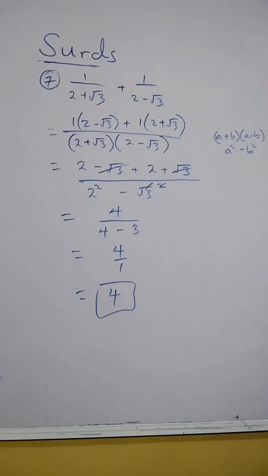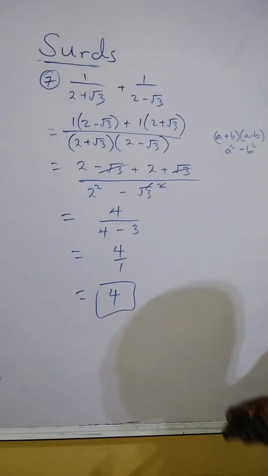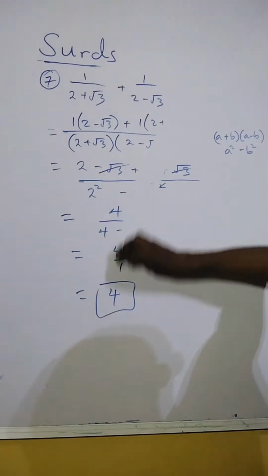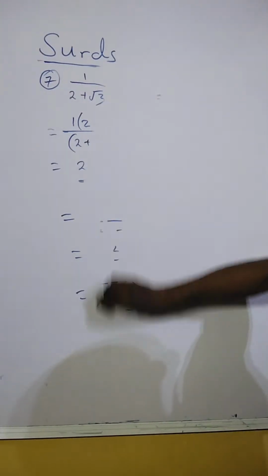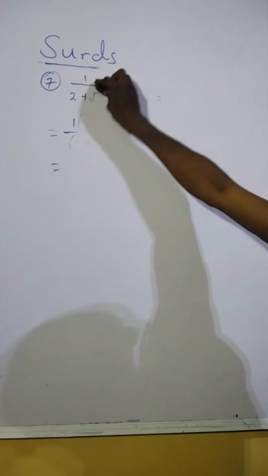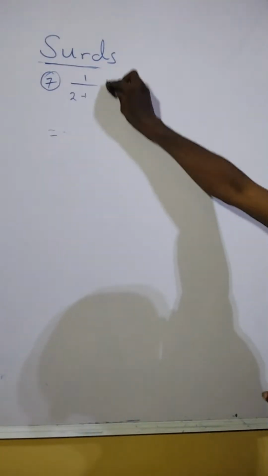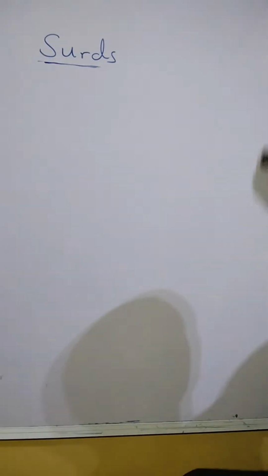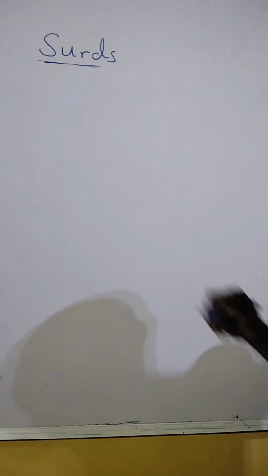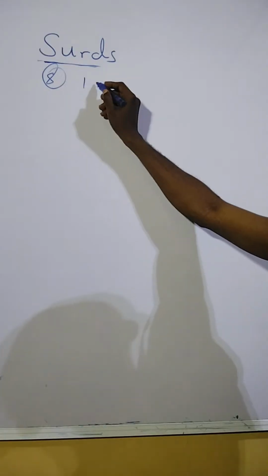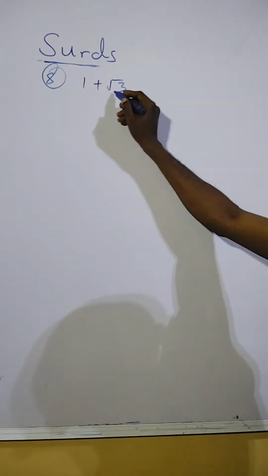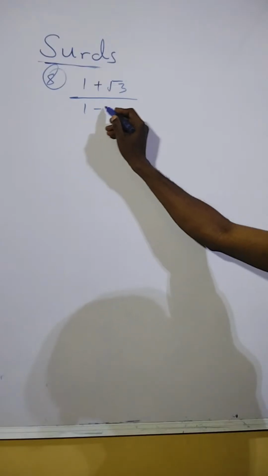Let's look at another one here. We call this one number 8. From here, we simplify 1 plus root 3 over 1 minus root 3.